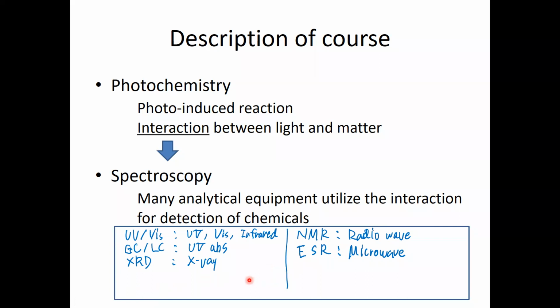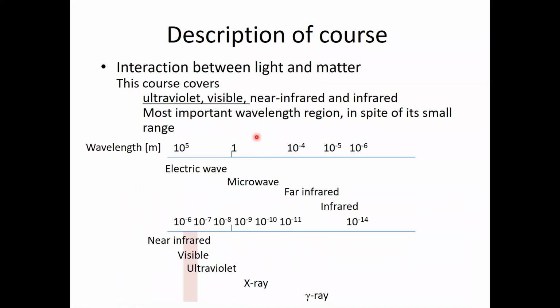So in many analytical equipment, we use spectroscopy, meaning the light interaction with materials. This course mostly covers the ultraviolet and visible light interaction with chemical species.